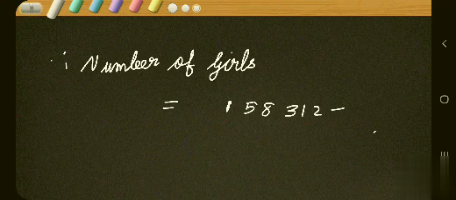First number 7 is in which place? Yes, 10,000 place, isn't it? Can we write 7 down this one? No. Where should 7 be written? Under the digit on 10,000 place. Which is the digit on 10,000 place here? 5, isn't it? So 7 should be written below this 5.